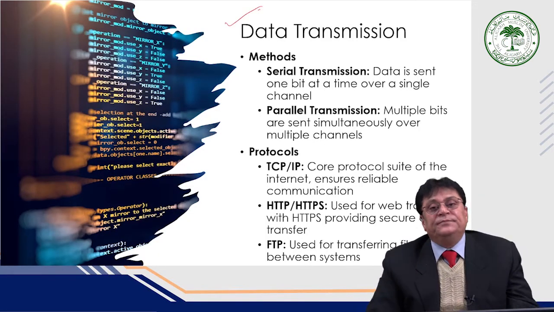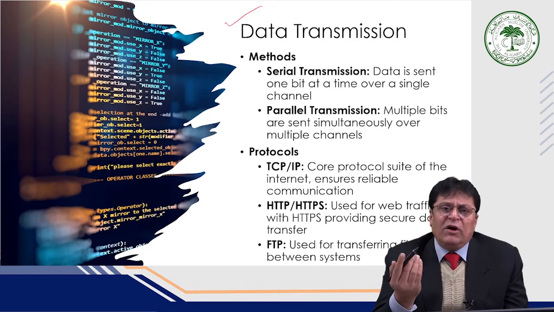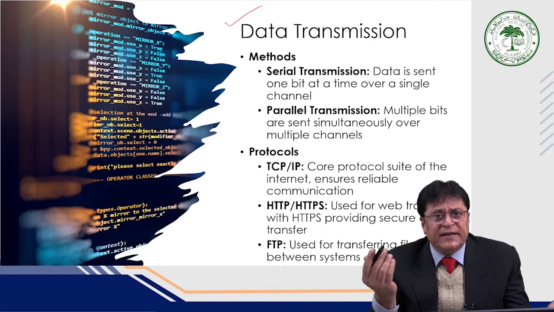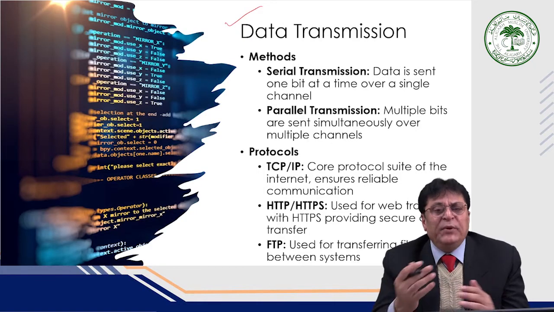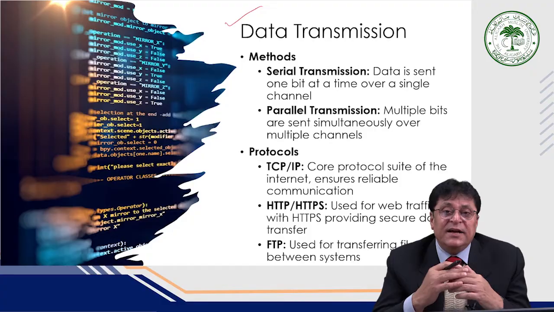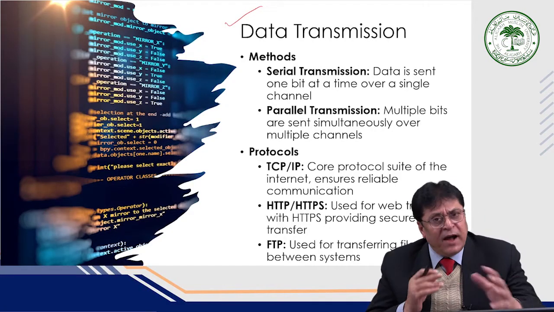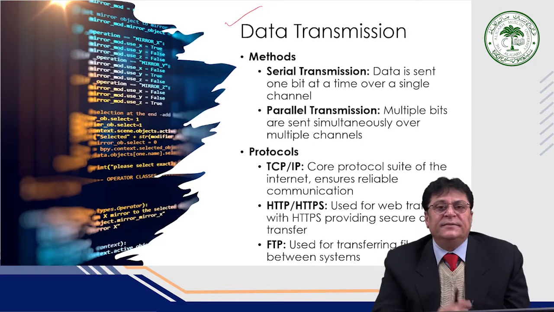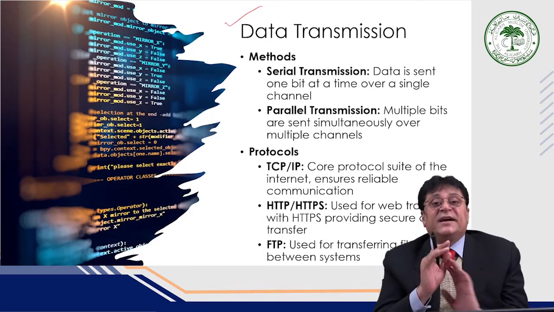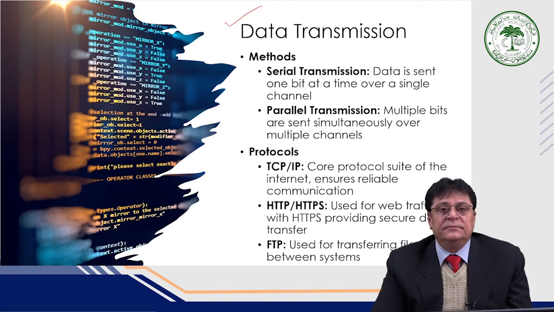Now, transmission of data. Nowadays, we talk of networks all the time. Network of what? Network of computing devices, of digital devices. They can be connected, whether wired or wireless, and whenever they are connected, they can communicate with each other, right?